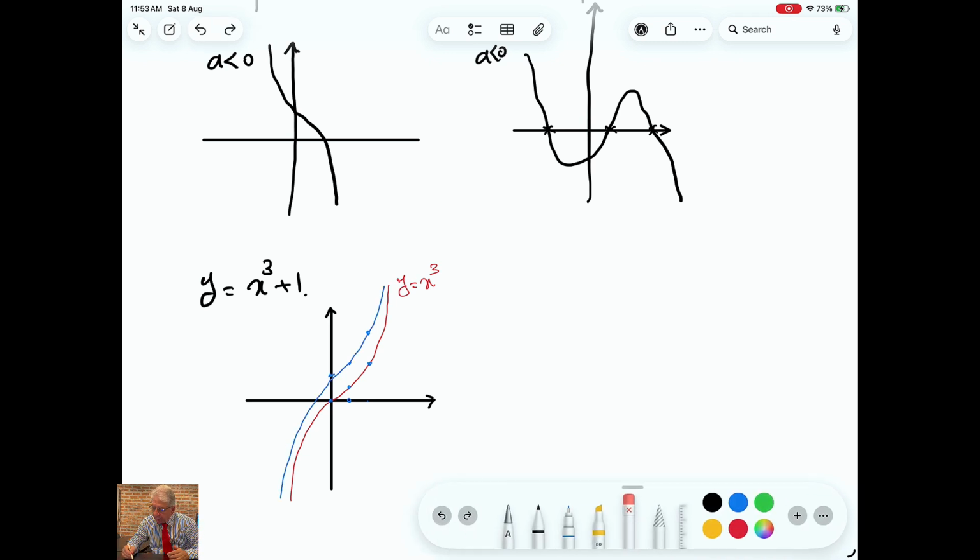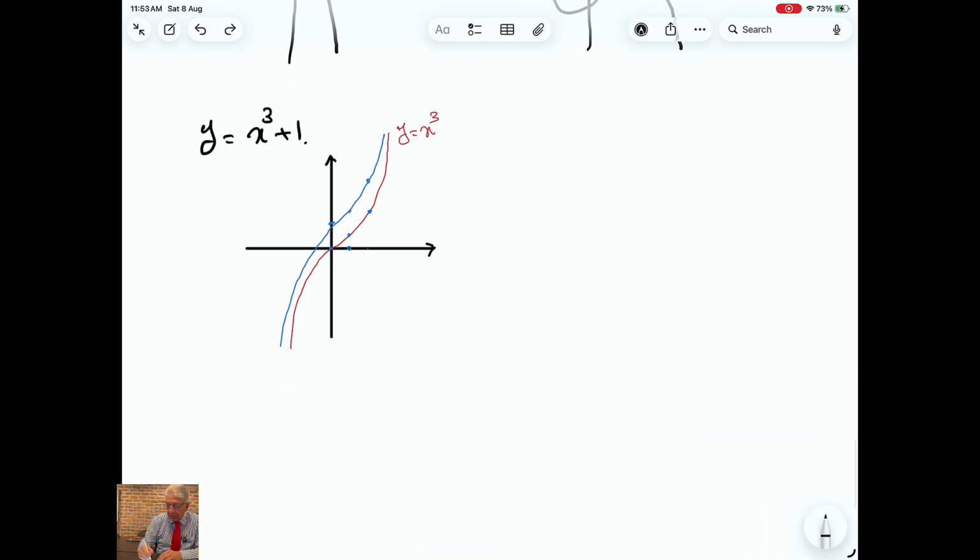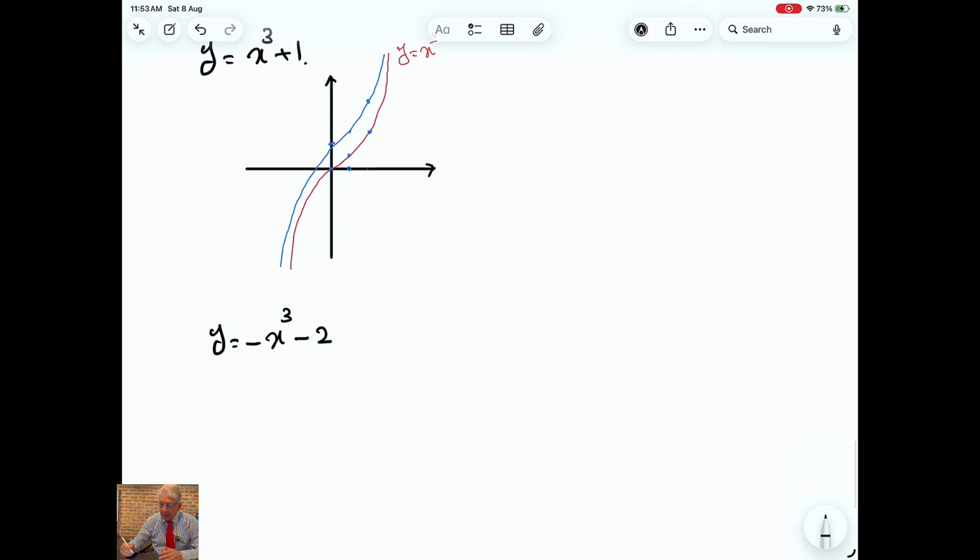All right. Now, let's see another example. Y equal to negative x cubed minus 2. Then what is the graph of this? Again, we start, we have our x coordinate, y coordinate.